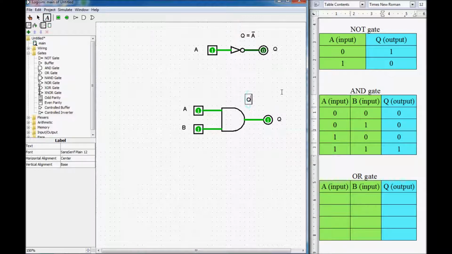Our output Q is equal to A times B. And this multiplication sign represents the operation of our AND gate. Now, if you will see this kind of formula in literature, you will know that if we have input A and input B, and they both are multiplied, then the output of this formula has to look like this.